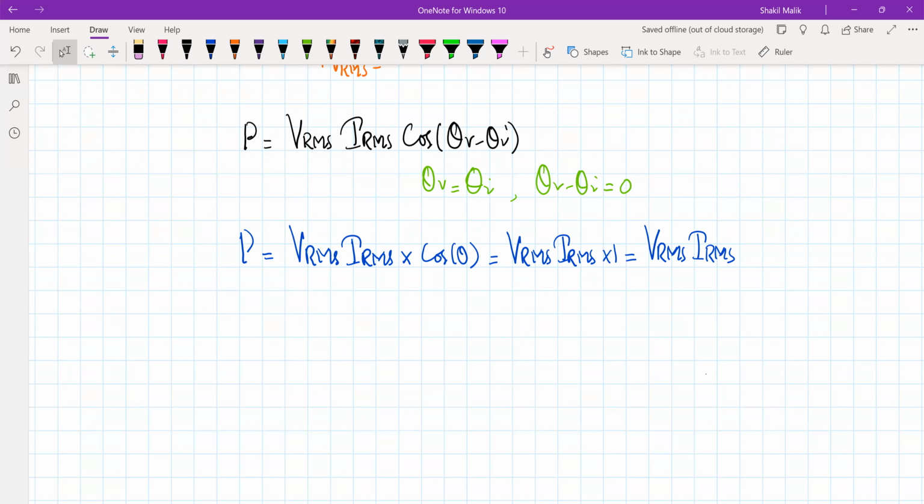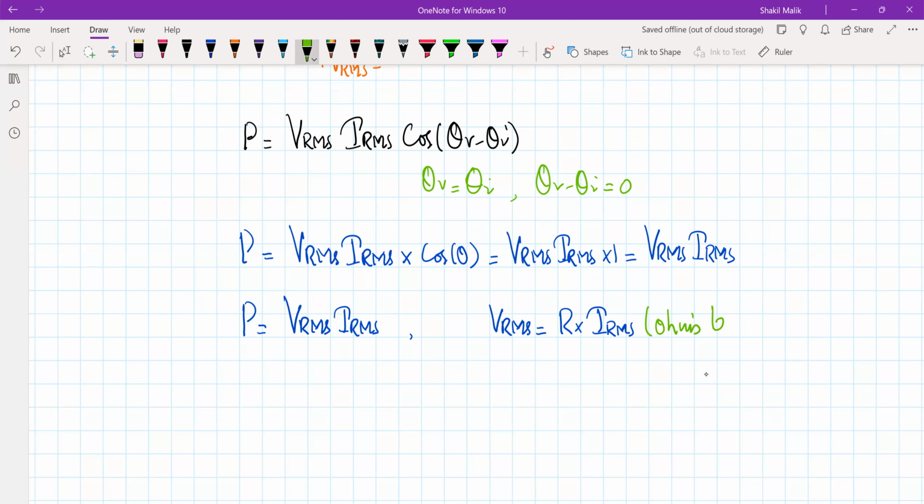All right. So P is equal to Vrms Irms. This is how we define the power. Now if we say Vrms is equal to R times Irms, from Ohm's law, voltage is equal to current multiplied by the resistance.